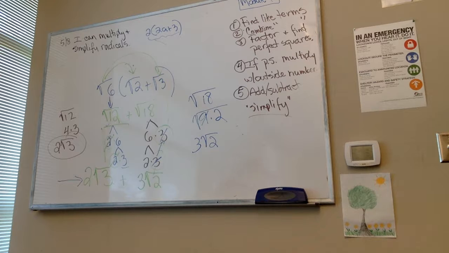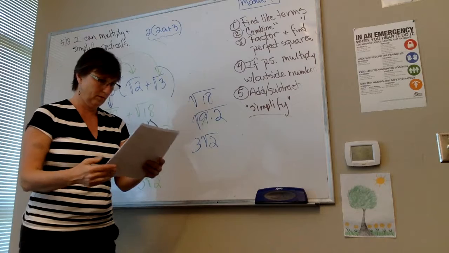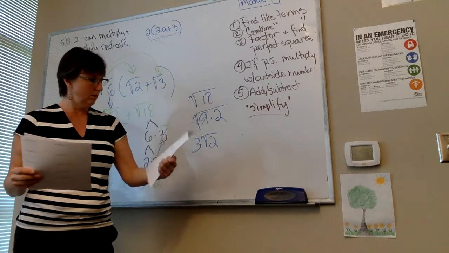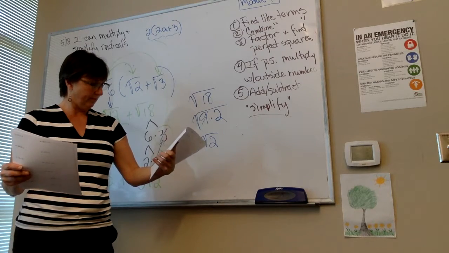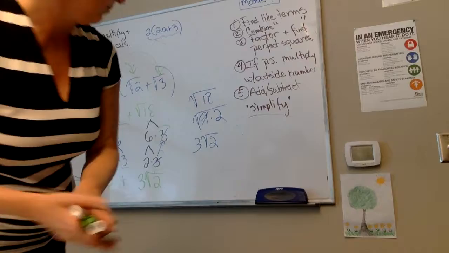And Katie, did you get one? I have one. Oh, you have one. Okay, thanks. All right, what I would like you guys to do is the even numbers.